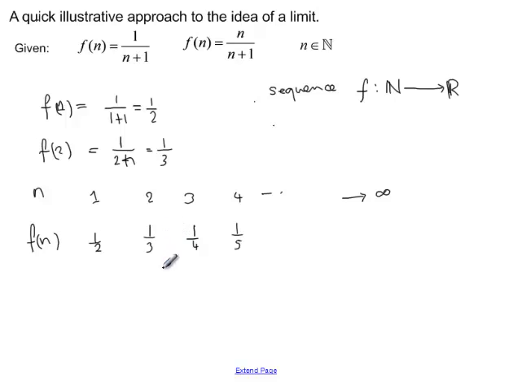I want to see what the behavior of the function is as n approaches infinity. What we can see here, I think you know how to compare rational numbers. Which one is bigger? You cross multiply: you take this 3, multiply by this one, you put the number here, you multiply that one, you put the number there.